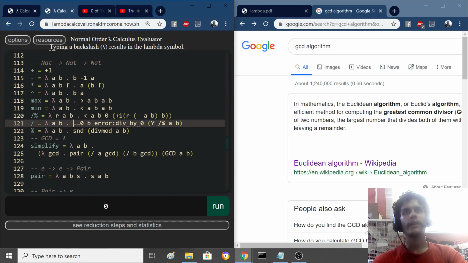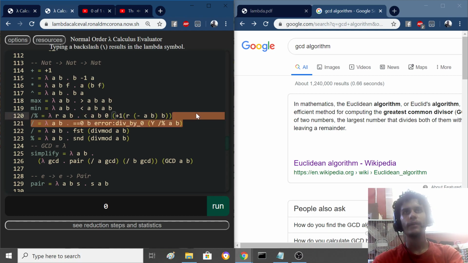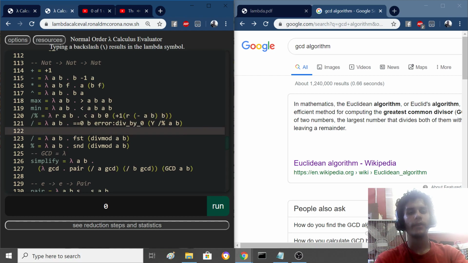And now I can do division as well like that, right? The first after doing div mod A B, and now I can define div mod. Div mod will be the one with the error, right?